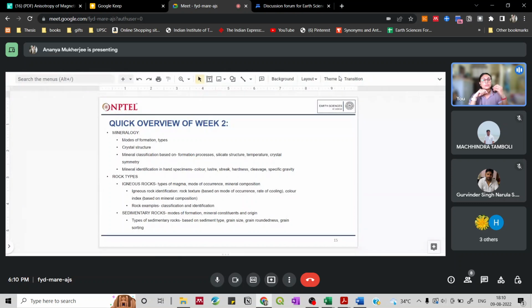And then you have mineral identification in hand specimens, and there are a few physical properties that we look at when we are trying to identify the minerals. Mineral identification is necessary because that shows the stability of the rock.